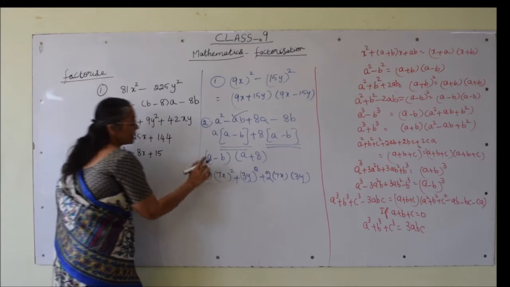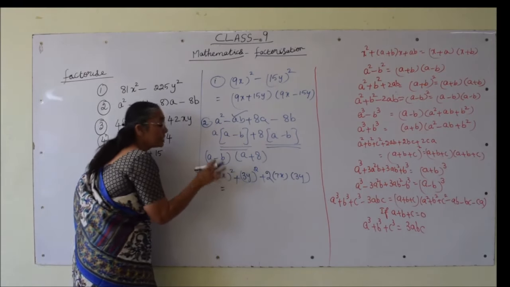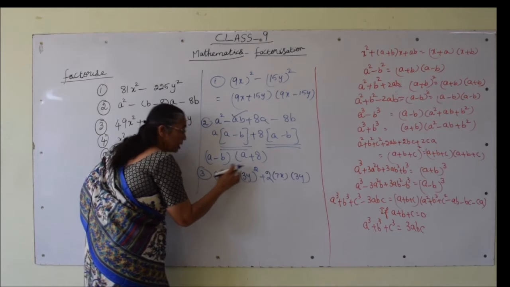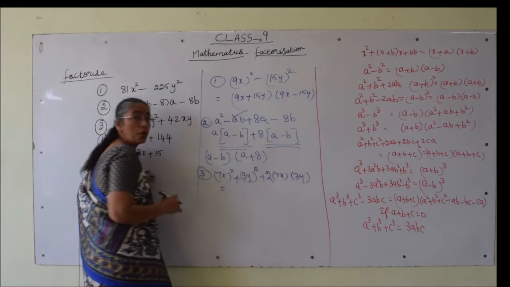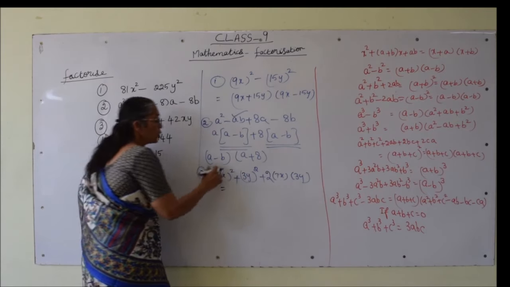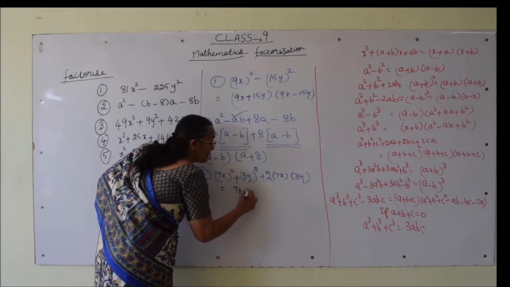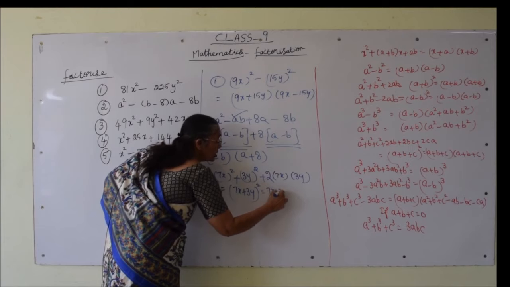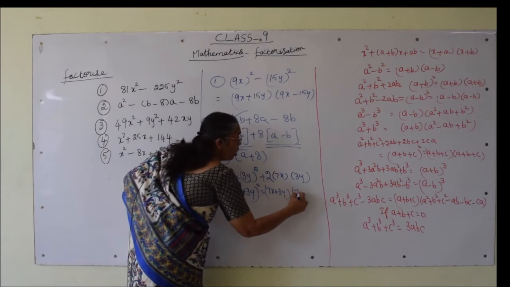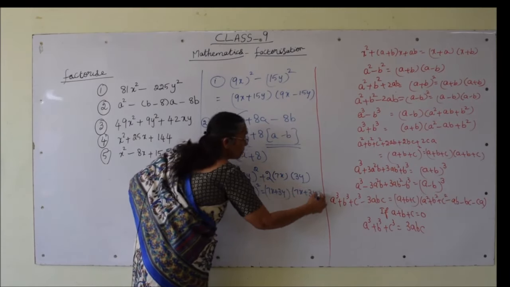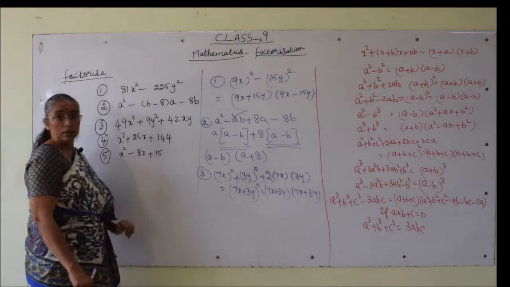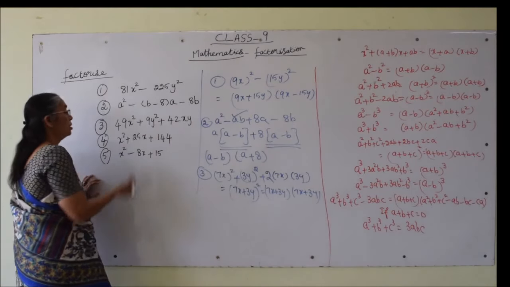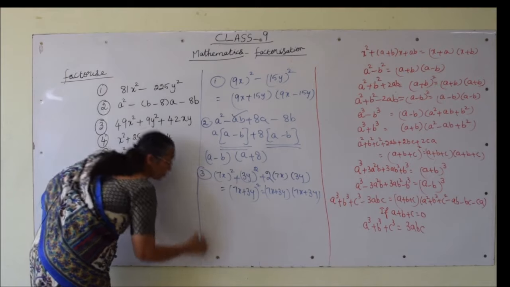So the given expression can be written in the form a square plus 2ab plus b square, which is 7x plus 3y whole square, which is equal to 7x plus 3y times 7x plus 3y.